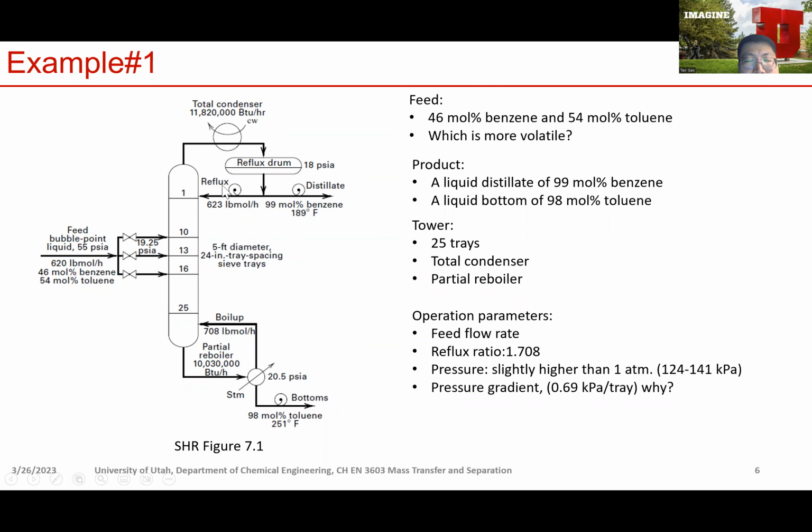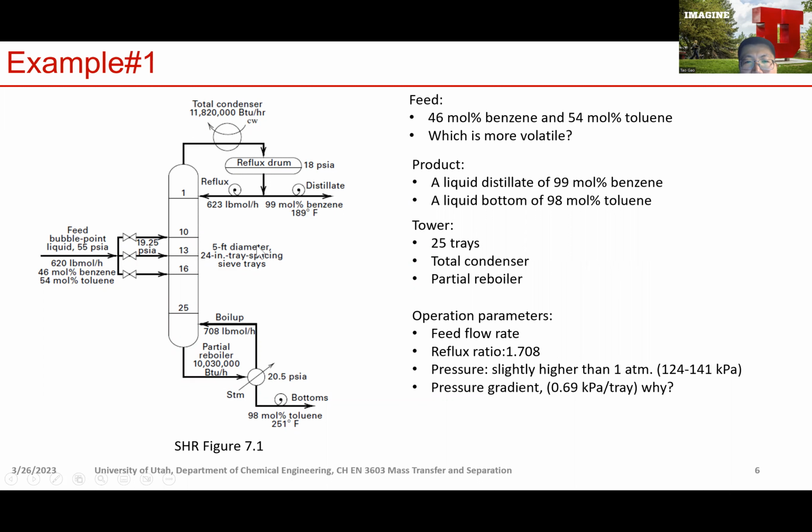That's called reflux. And partially discharged as a distillate. In this case, it contains 99% more of benzene. So benzene is the more volatile component, so it's enriched in the upcoming vapor.